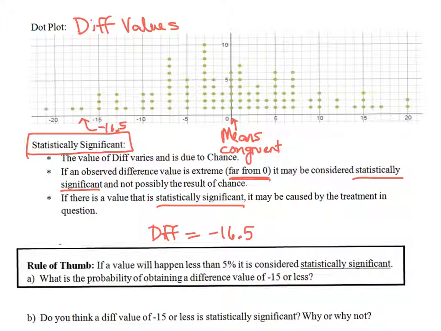So negative 16.5 and anything more than that would occur in this case 3 out of 100 times. 3 out of 100 times gives me the decimal 0.03, and that of course is less than my 5%. It's less than 0.05. So I would say that a diff value of negative 16.5 is considered statistically significant. What that tells me is that the treatment, taking driver ed, caused that diff value to be that large.